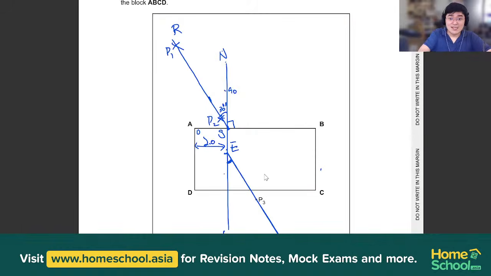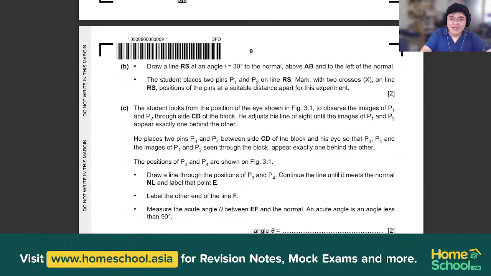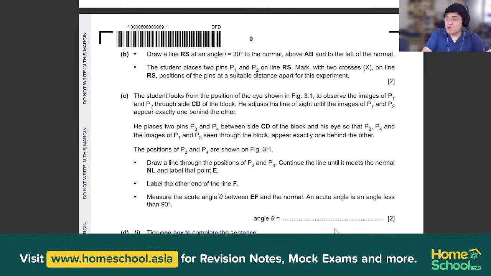So let's write 32 degrees here for this angle. We are also to write the angle over here, so 32 degrees. Measure the angle and write it down here.